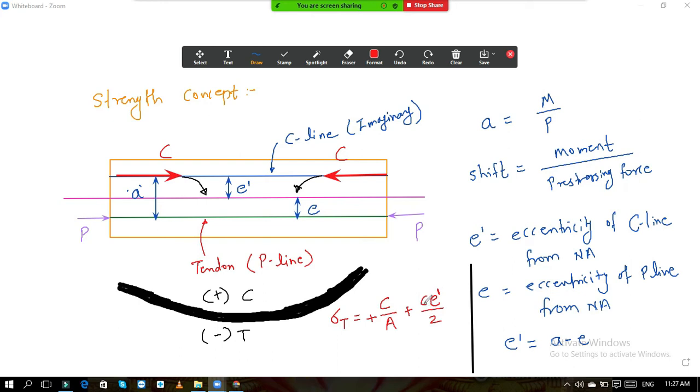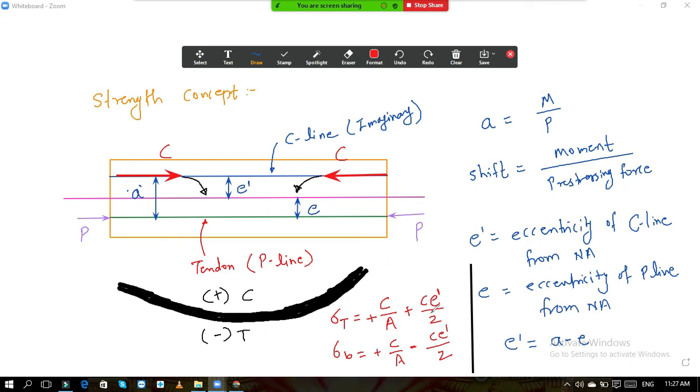In the previous stress concept and load balancing concept we took P E by Z, that is the eccentricity, but here we are taking C E dash by Z. This is the stress at top. The stress at bottom is plus C by A, and at bottom tension is there, so minus C E dash by Z.